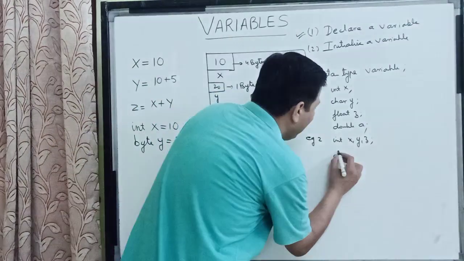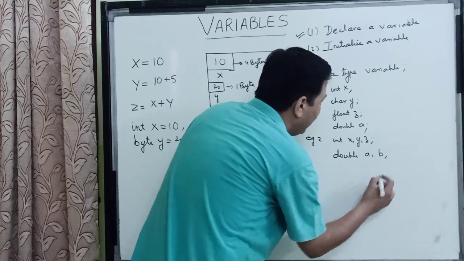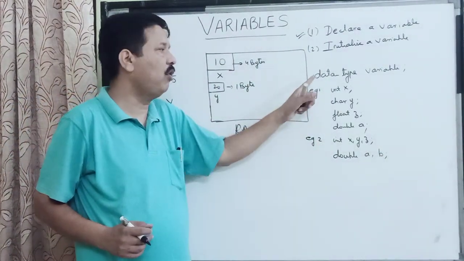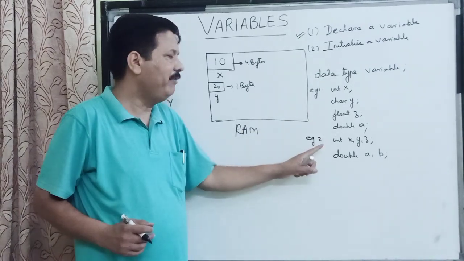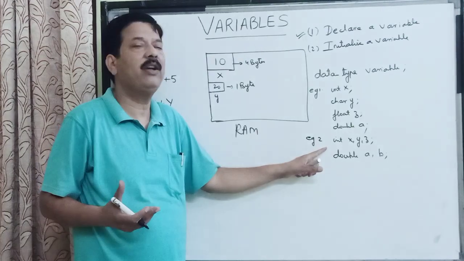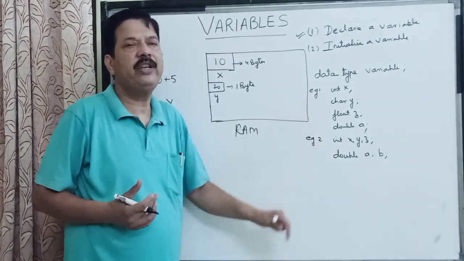Like for example, I want to declare two variables A and B of type double. I can write them like this. Now this type of declaration is called a simple declaration, and when I declare more than one variable with a single statement, I call it a multiple declaration.